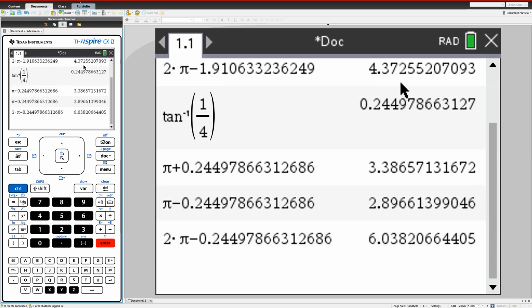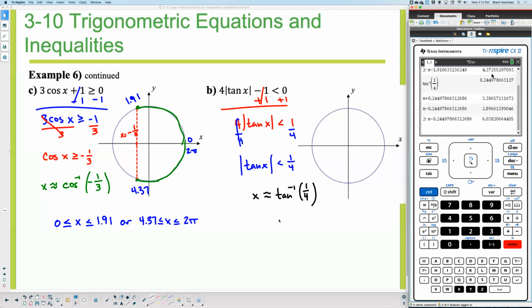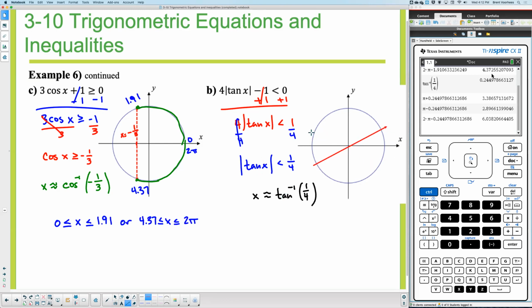Okay, so now I'm gonna go back over and let's take a look. So here's what we have. We know tangent, that's slope, is 1/4. The absolute value of tangent would have a slope of 1/4. Well, that can mean it could have a positive slope of 1/4, or it could technically be a negative tangent of 1/4.